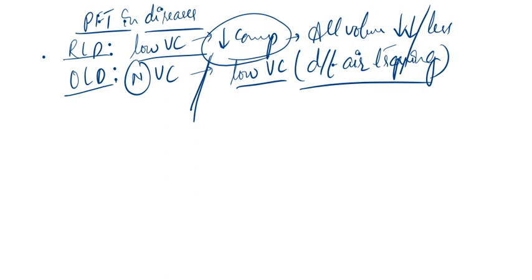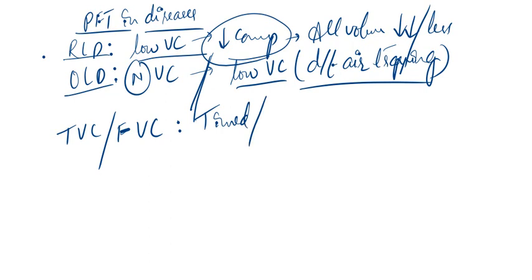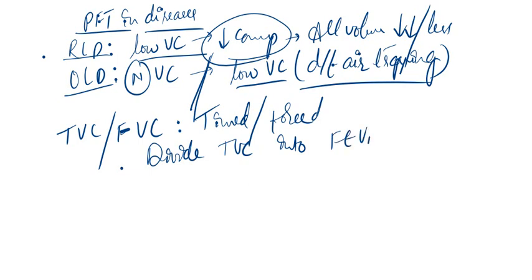Now you take TVC by FVC, right? So it's called timed or forced vital capacity. What it does is divide TVC into FEV1, FEV2, FEV3.